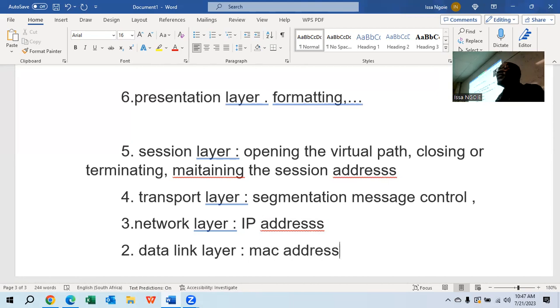This is how they can find you. The message can come from the US, reaching your phone. How come? Because the data link layer will know this message must come to my phone. So the responsibility of the data link layer will be to make sure that the physical address will be reached.